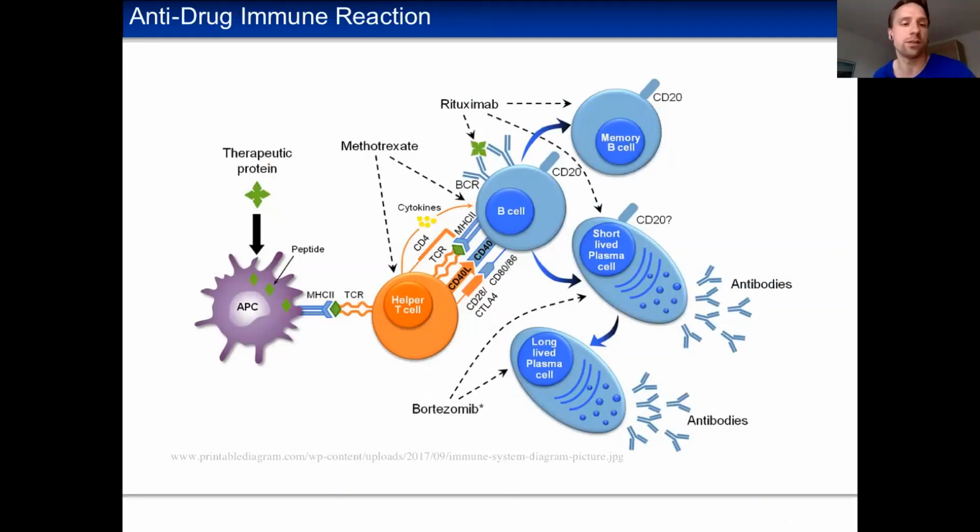Let's start with this. You have this therapeutic protein, for example, that is supposed to kill the infection of COVID-19. And in the lab, it works perfectly.